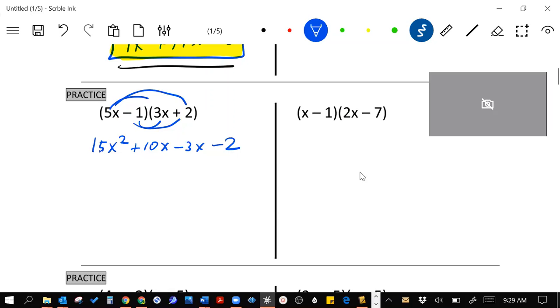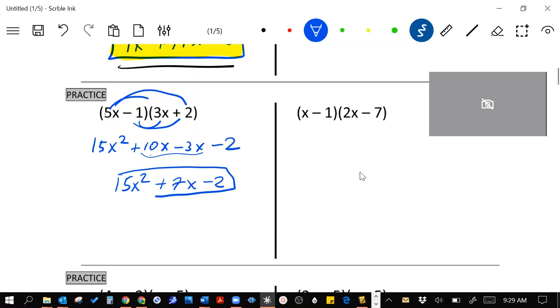So let me check those. 5 times 3, x times x is x squared. And then 5x times 2 is 10x, because you only multiply the things you can. Just do whatever you're allowed to. Negative 1 times 3x just makes it negative, and it makes the other one negative. And then these two can be put together. Plus 7x, so 10 take away 3.